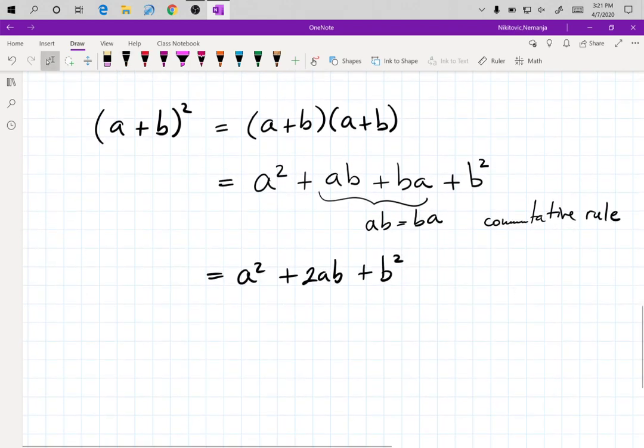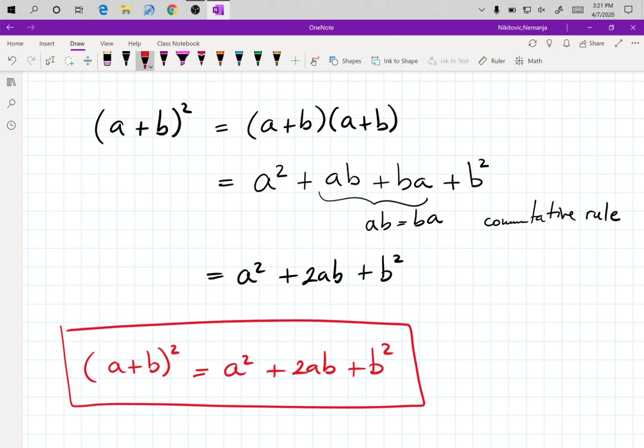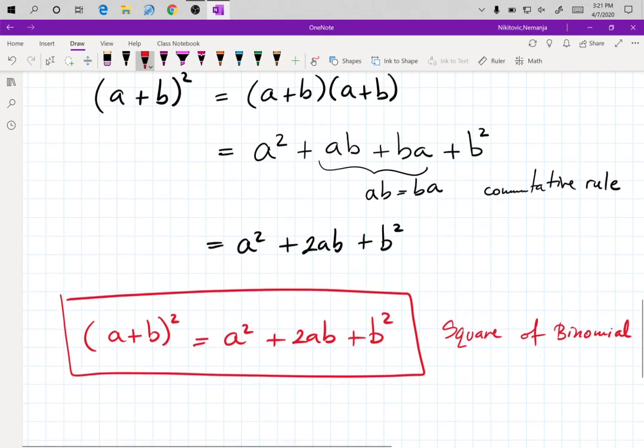So now we found the formula which says that (a plus b) squared is a squared plus 2ab plus b squared. That's the square of binomial formula.